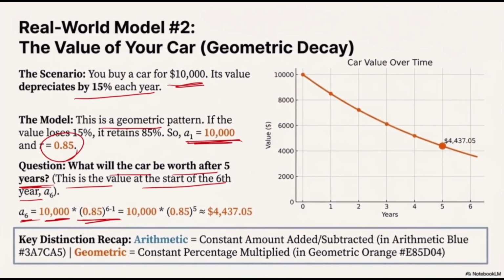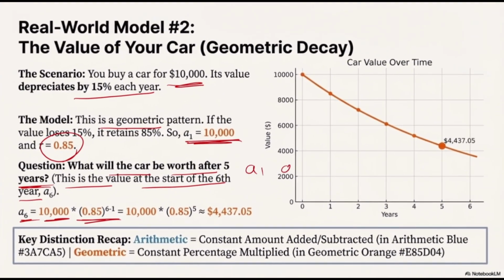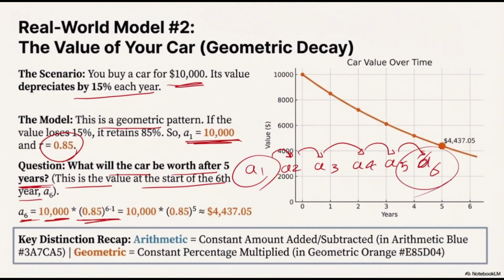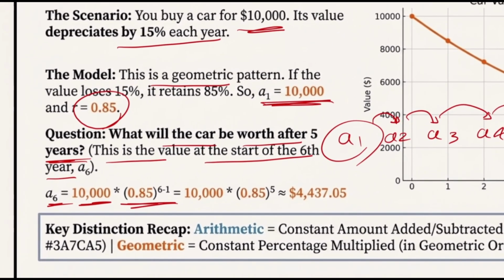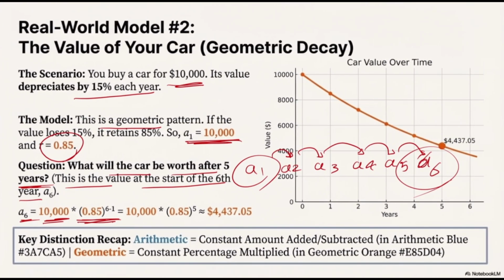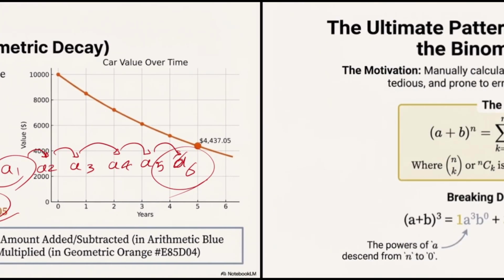We had a1, a2, a3, a4, a5, a6. That was the very beginning value, then after 1 year, after 2 years, after 3 years, 4 years, and after 5 years. So actually we are looking for a6. It is very important to understand the question, so be careful. So a1 times r to the power of n minus 1 is going to be the final value that we have over here.